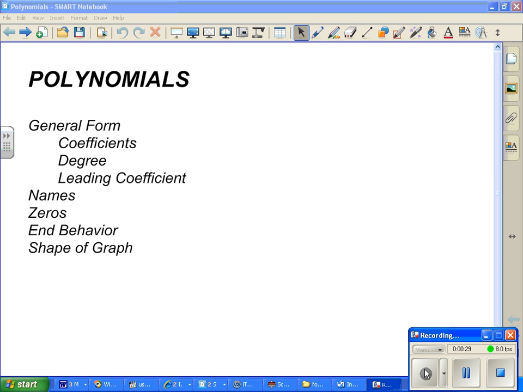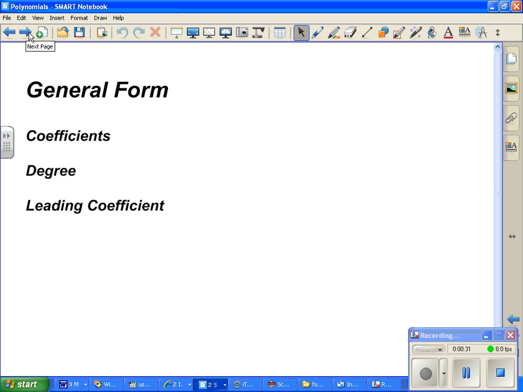Okay, here we go. General form. Now in your book, there's a goofy way of writing this, and we will talk about what each thing means, but I want to write it down so you see it. A sub n x to the n, and this is on page 47. This is just a general polynomial equation.